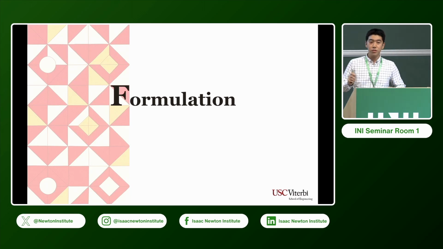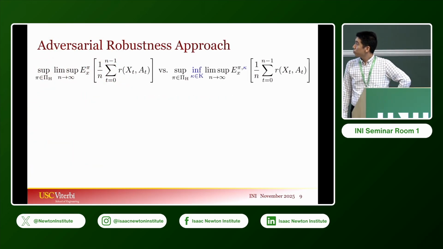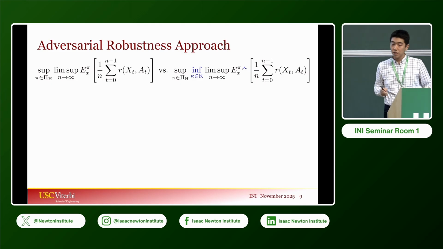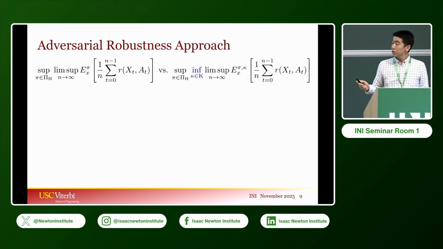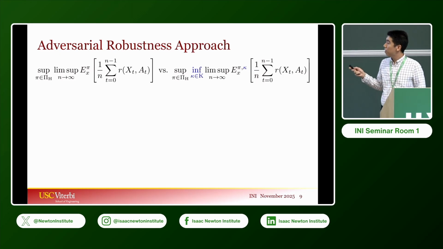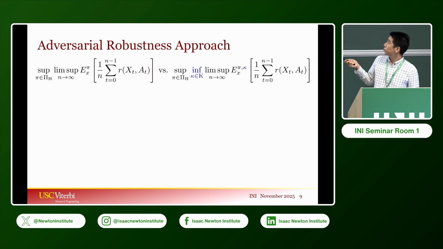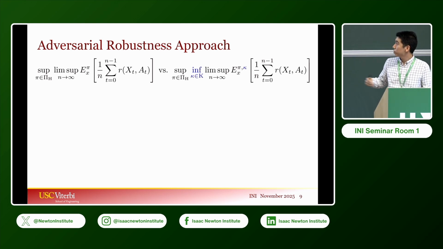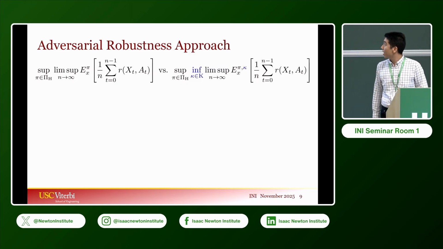Let me now move on to a concrete formulation. We're going to use an adversarial robustness approach. If you compare, this is the classical optimal average reward versus the robust variant. We observe that there's an infimum, suggesting the presence of an adversary that is placed between the supremum over the controller's policy, which can be history dependent, and the average reward.